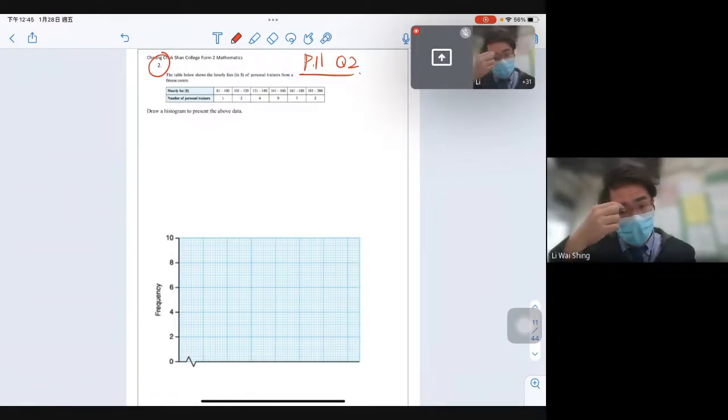Okay, so I have created a group in Google Chat. Can you see it?